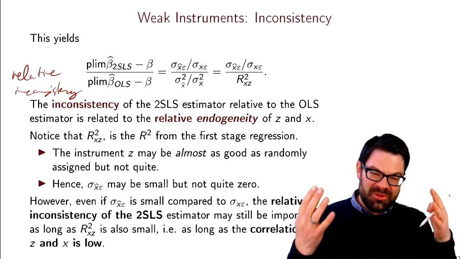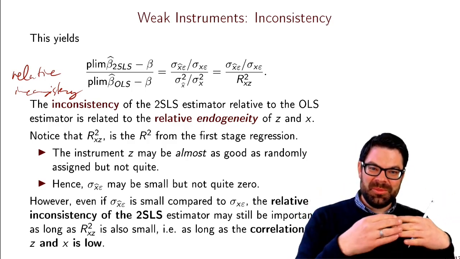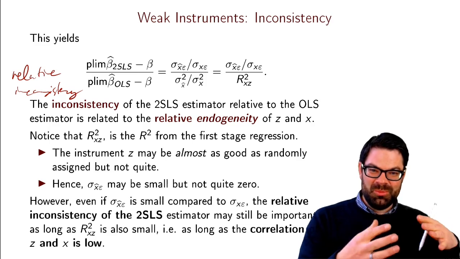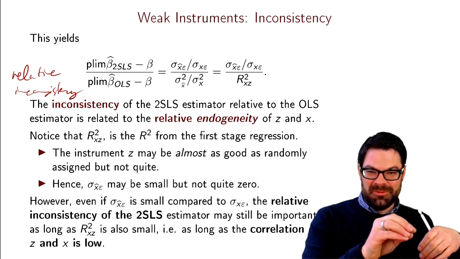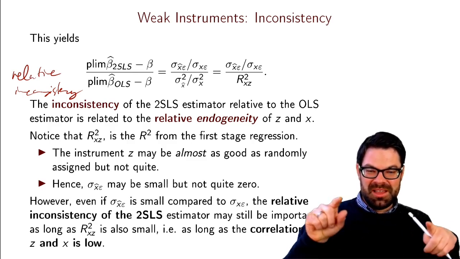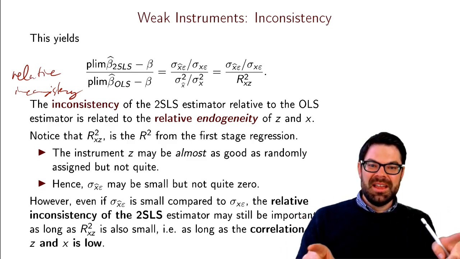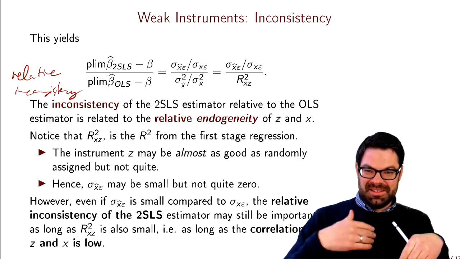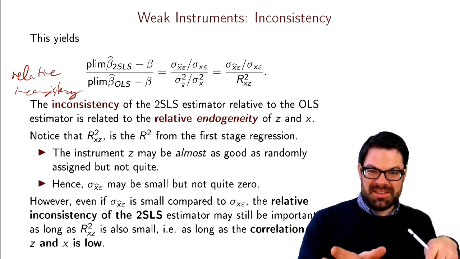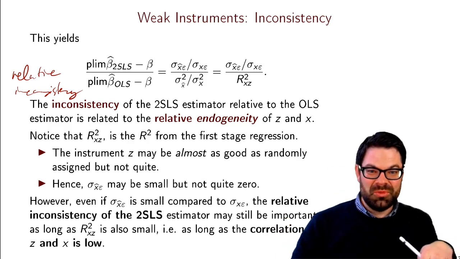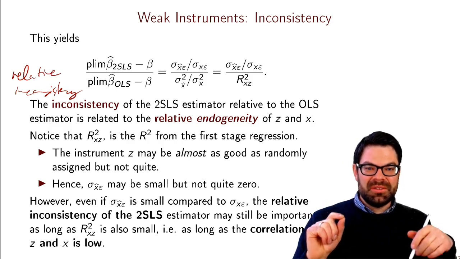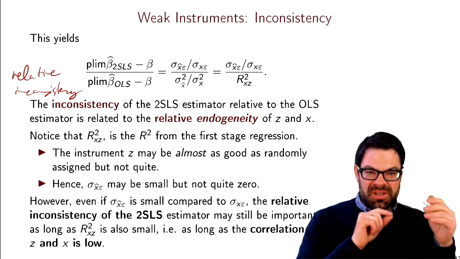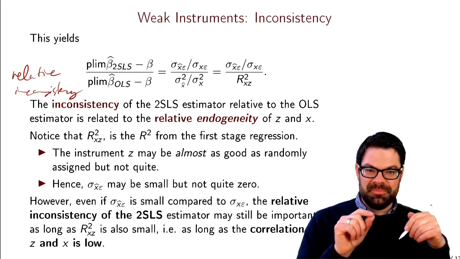And even though I call it bias, this is not about bias in terms of the expectation of the estimator being different from the true value. Here we're talking about the relative inconsistency, which is that as the sample size goes to infinity, we are not hitting the true value.